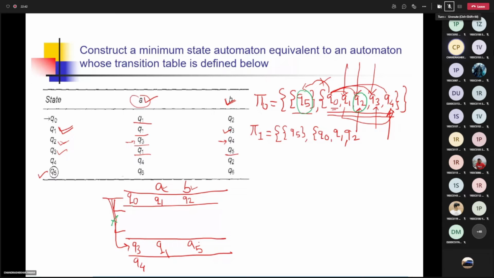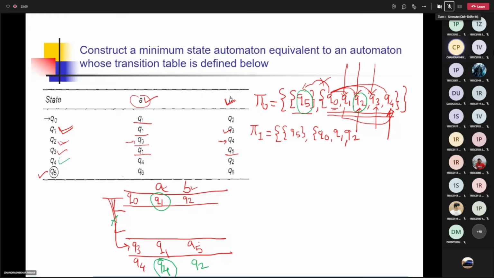Next, we have to check the equivalence of Q0 with the Q4. What is the transition of the Q4? Q4 with input A, it is on itself. Q4 with input B, it is on Q2. So Q0 with input A, it is on Q1, and for Q4, it is on Q4.